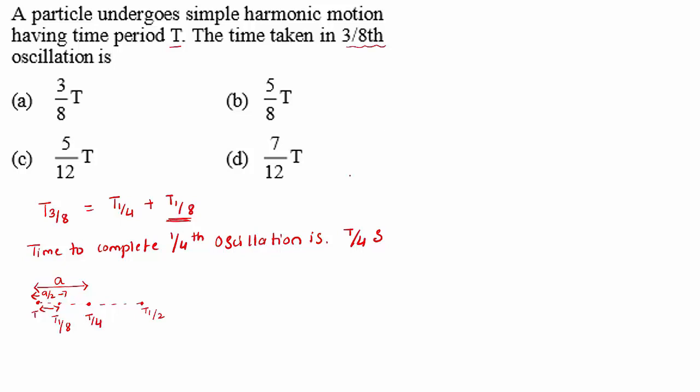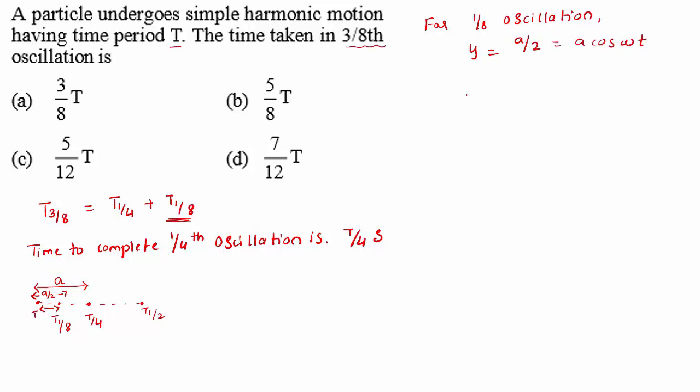So for 1/8 oscillation, I am going to take the equation y equal to A divided by 2. So the time taken to complete 1/8 oscillation is when y equals A by 2. Then we know the equation of simple harmonic motion, y equal to A cos omega t.